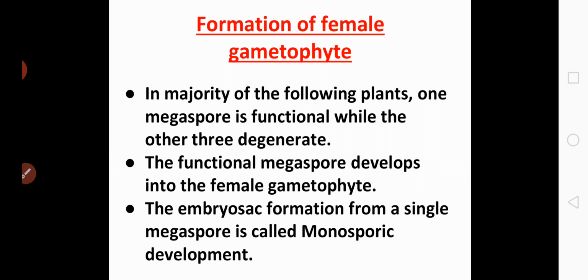In majority of the flowering plants, 1 megaspore is functional while the other 3 degenerate. The functional megaspore develops into the female gametophyte, and the embryo sac formation from a single megaspore is called as monosporic development.